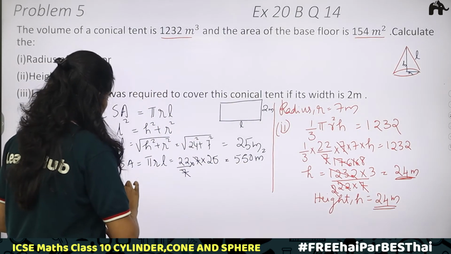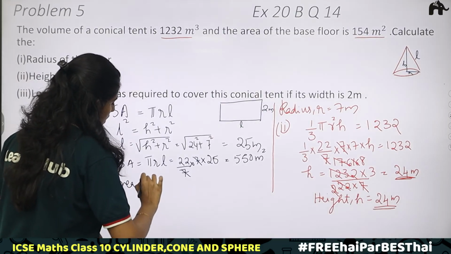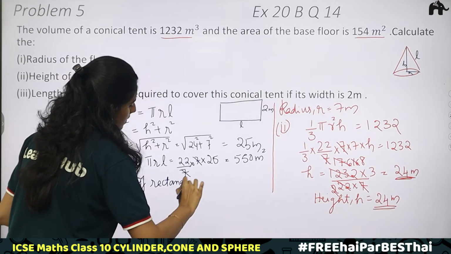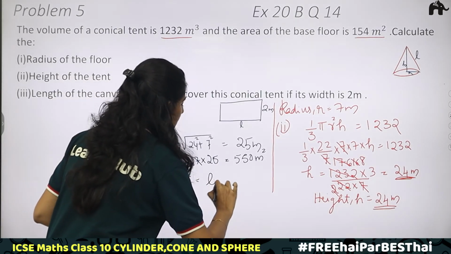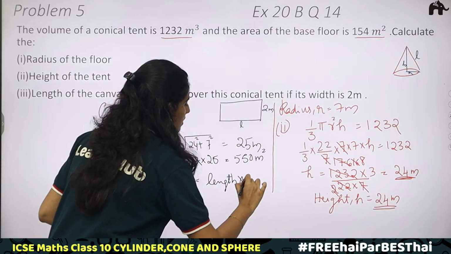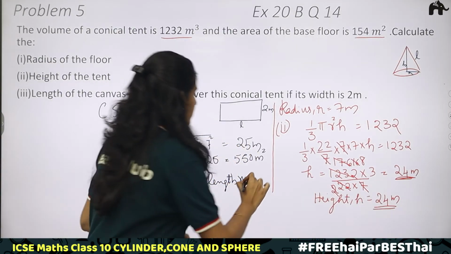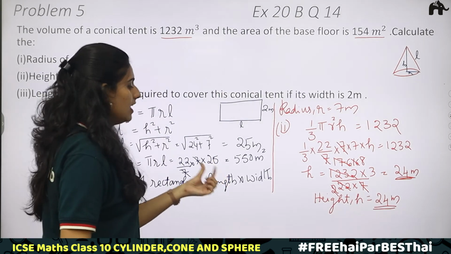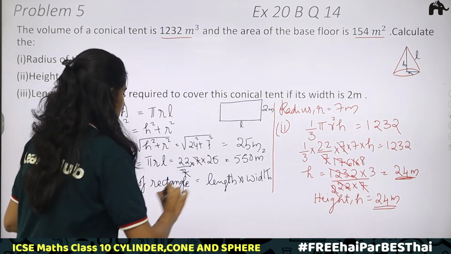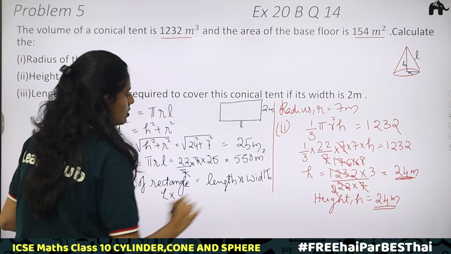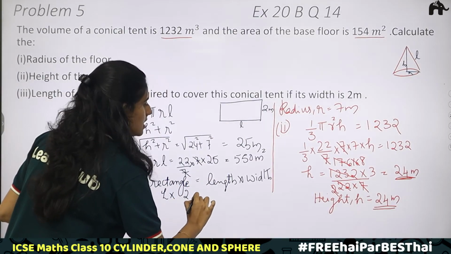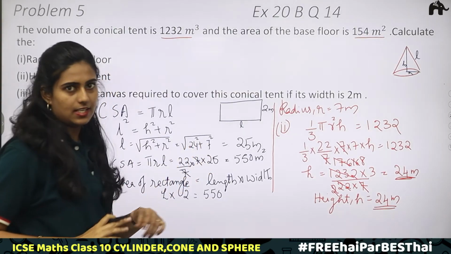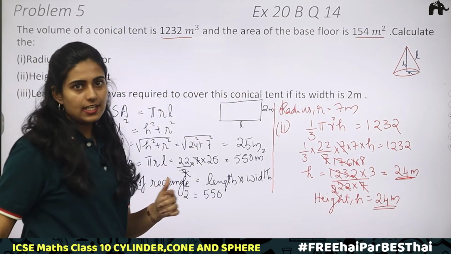Now what is the area of a rectangle? Area of rectangle is equal to length into breadth or width. Here width is given, length into width. We need to find the length. Let us take length as capital L. L into width 2 meter is equal to 550, which is the curved surface area of conical tent.